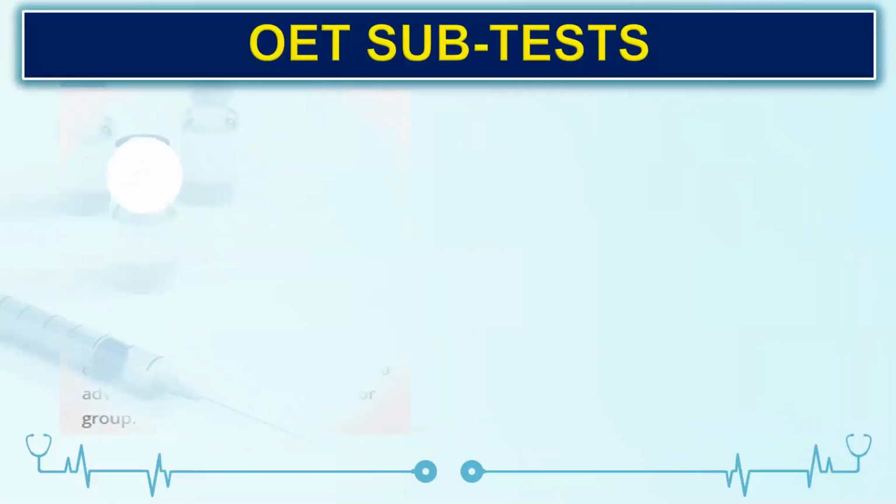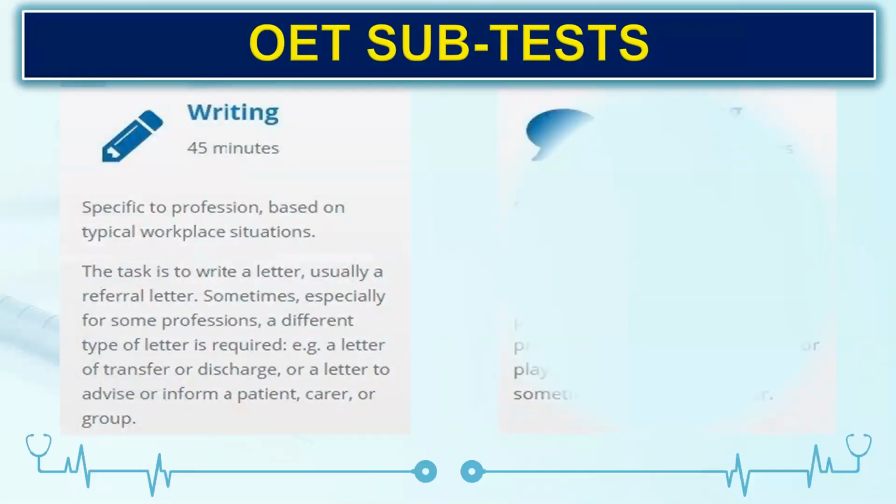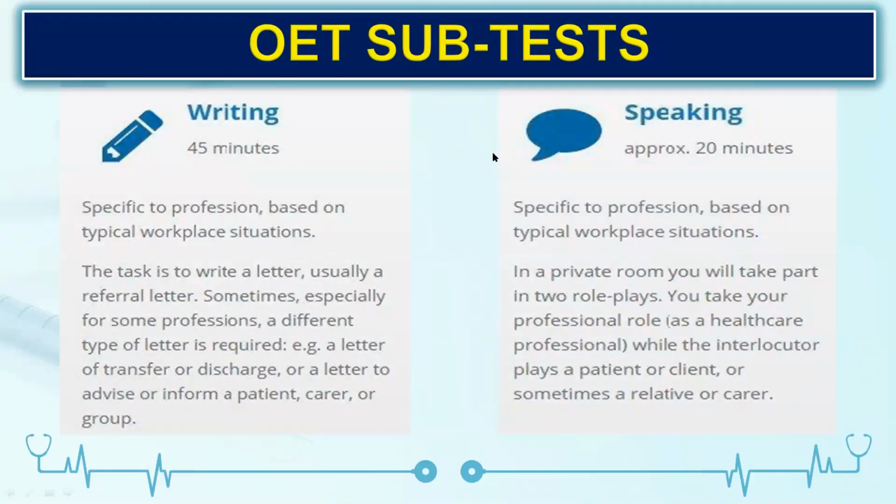While the next 2 subtests are writing and speaking. The writing subtest will last up to 45 minutes, and the task is to write a letter, usually a referral letter. Sometimes, especially for some professions, a different type of letter is required, for example, a letter of transfer or discharge, or a letter to advise or inform a patient, carer, or a group.